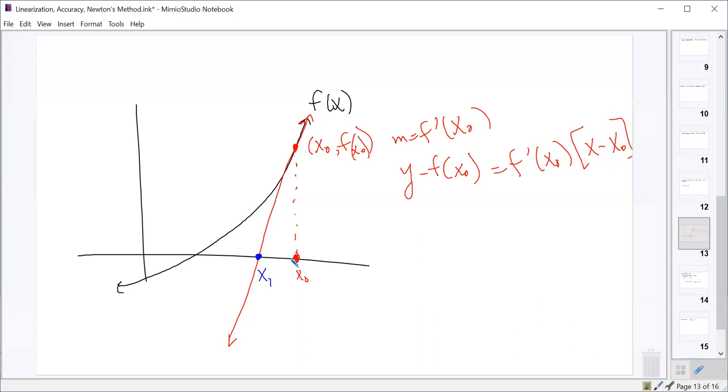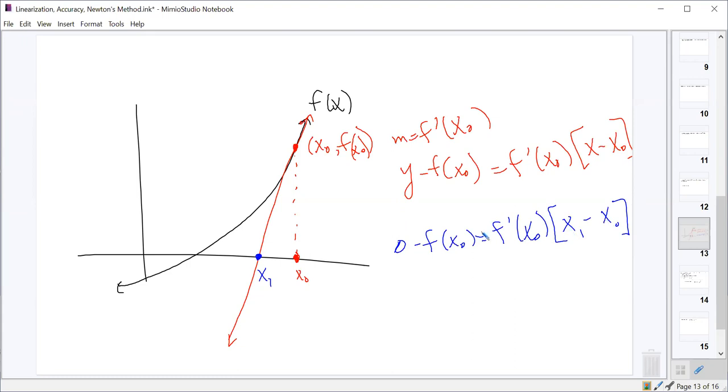All right. Could I find the value of x1? How would I find the value of x1? I'd call this thing x1 and then plug in 0 for y. So we would say 0 minus f of x naught equals f prime of x naught times x1 minus x naught.